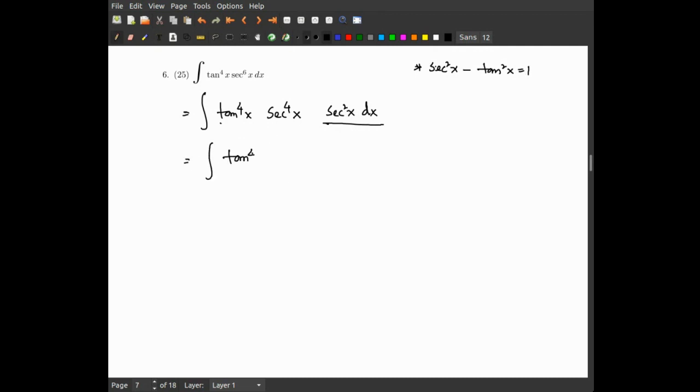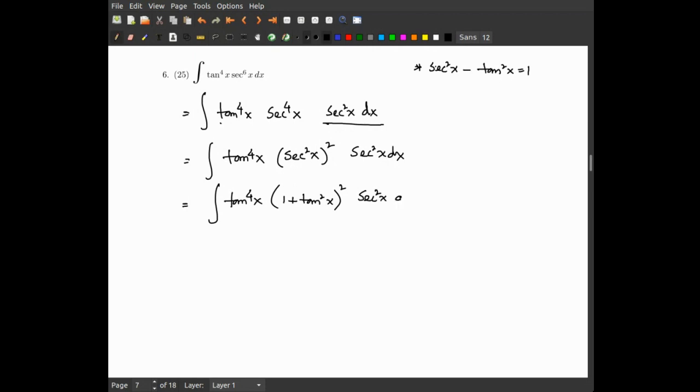So we have tangent to the power 4x, and secant to the power 4x can be written as secant square x, and then squared, same idea. Now the next one: tangent to the power 4x, and secant square x can be replaced by 1 plus tangent square x, so 1 plus tangent square x, with a square outside.